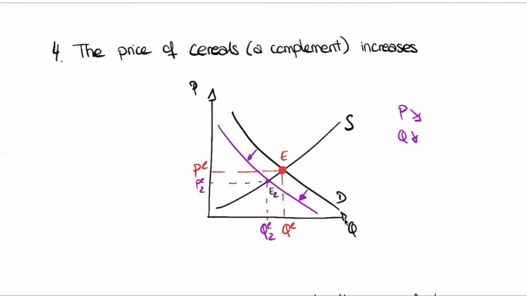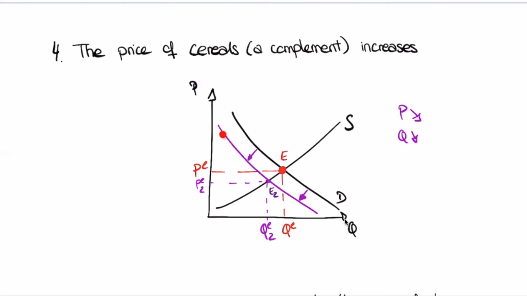So, fourth example: what happens if the price of cereals, which is a complement of milk, increases? You have to remember that the price of related goods, so substitutes or complements, is one of the 5 big shifters of the demand. Here the price of a complement increases, which will decrease the demand, so it is shifting the demand to the left.